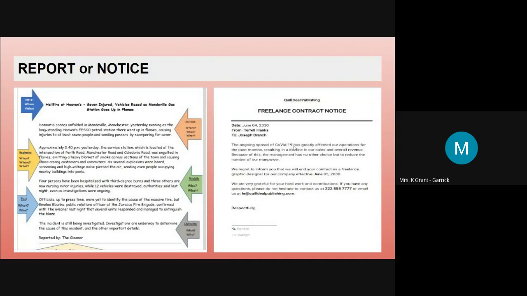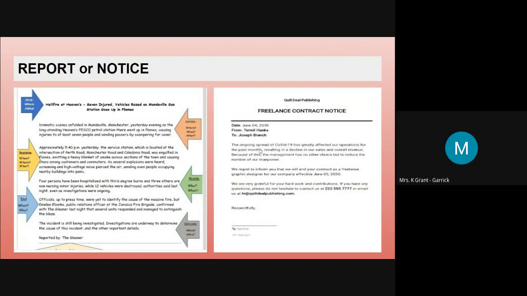Now, as you go into the notice, a formal notice would have this appearance. So you want to say the type of notice that you're writing. If it's in relation to a company, you want to start with that. Then underneath it, you're going to have the date that the notice is being sent out. You want to say who it is being sent from and to whom the notice is addressed.